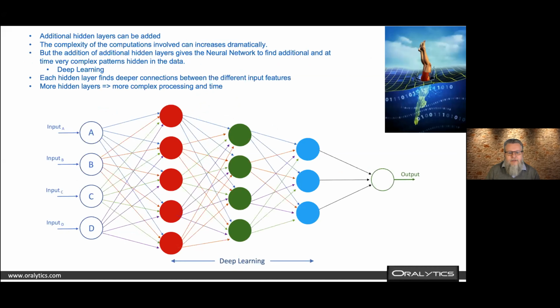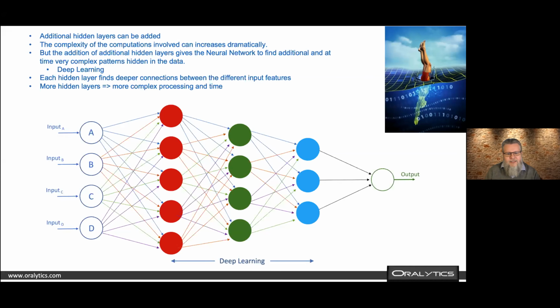Having just one layer doesn't necessarily produce the most efficient results. So where we want to get into deep learning is by having lots of different layers within the neural network. This is where it actually finds the subtleties in the patterns between the different data points.